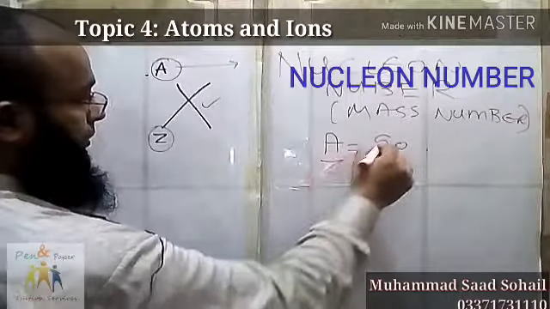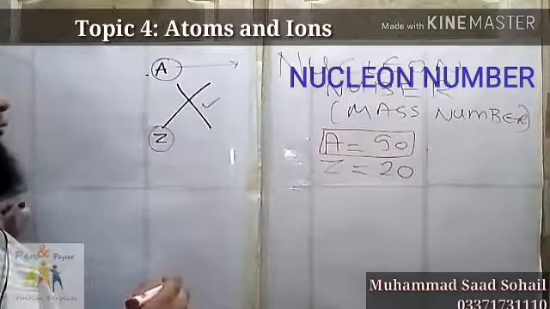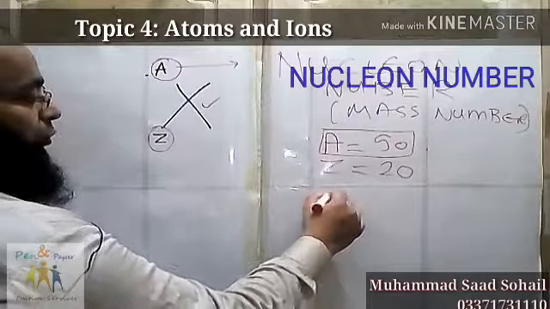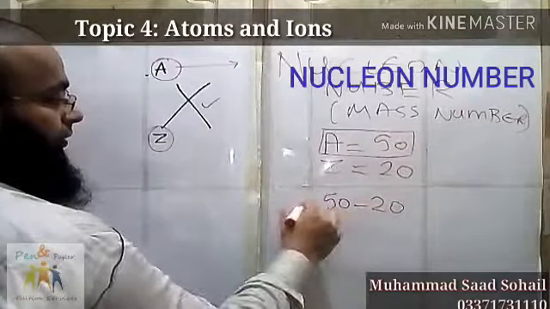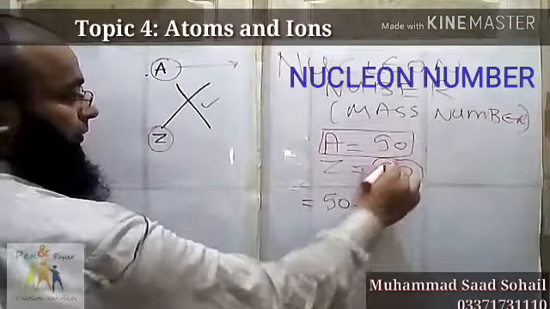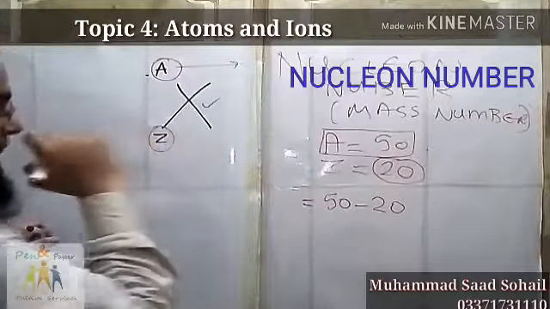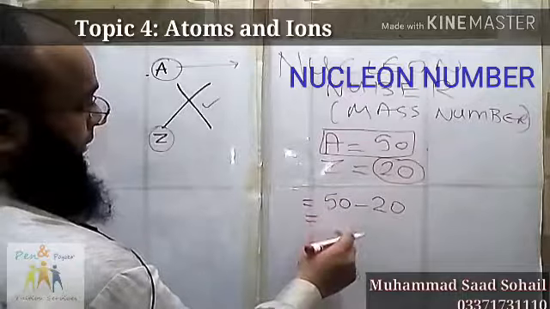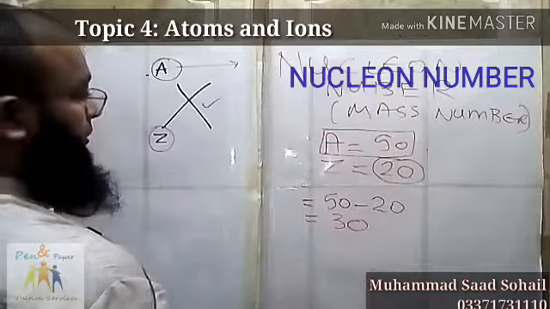So if you want to calculate the number of neutrons in that element X, what you would do is that you would simply subtract 20 from 50, because this is the number of protons. So in order to calculate the number of neutrons in element X, you can simply subtract proton number from mass number. You will get number of neutrons.